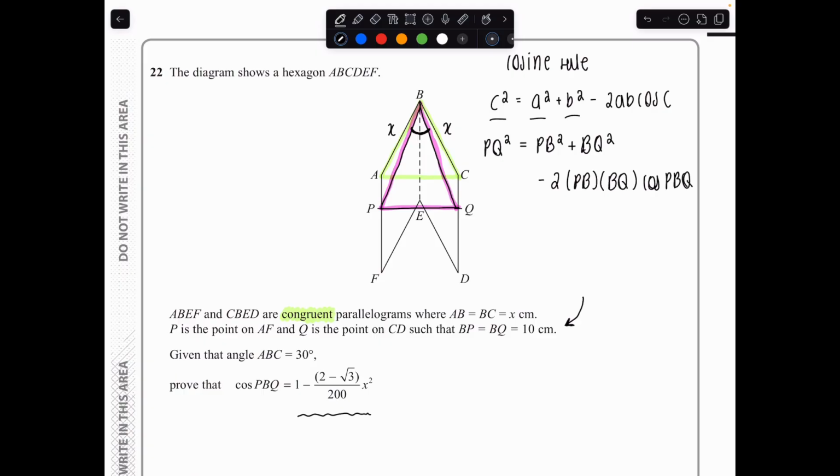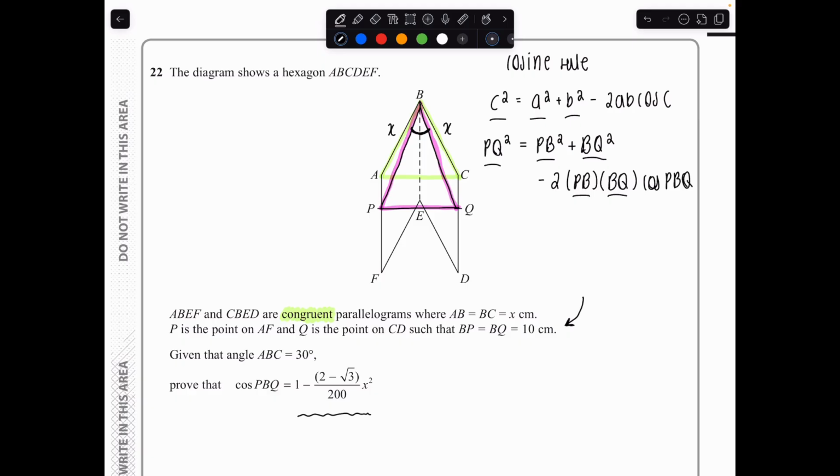Now here, if we look back at the question, we're given what BP is, we're given what BQ is. So in other words, we have PB, we have BQ. Now, do we have PQ? PQ is a side that we don't have.